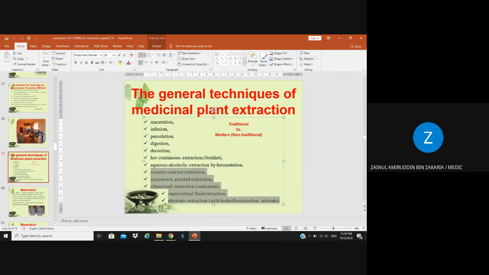For example, you use microwave. The microwave is quite a simple method, but it still uses additional equipment instead of the simple extraction procedure.